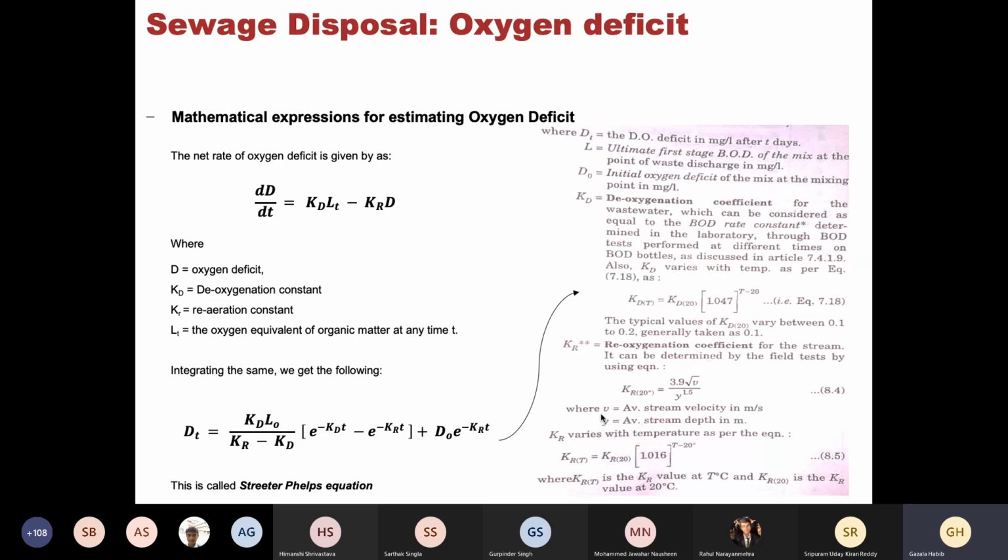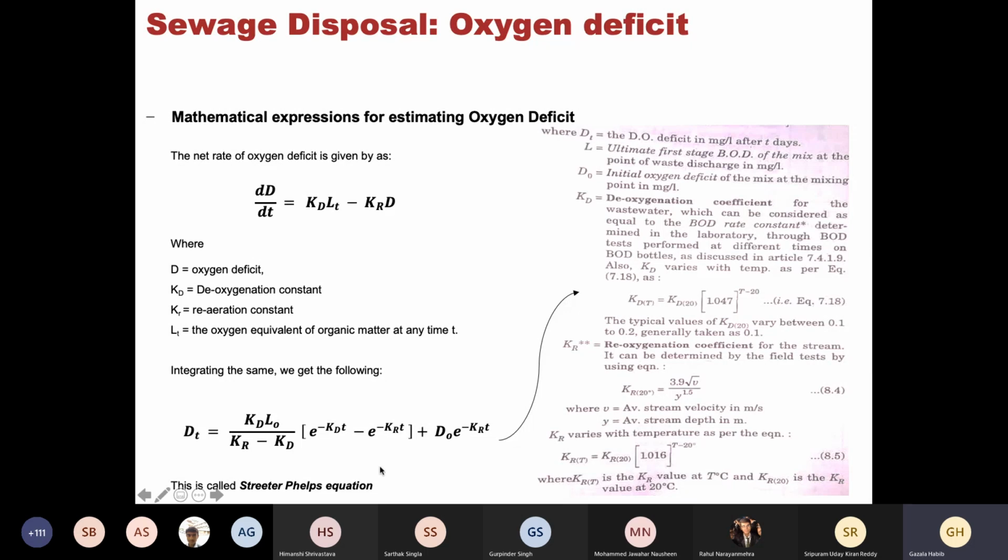There is no derivation given. The basic assumption, the fundamental of this equation, is that the deficit rate is linear, meaning it is proportional to the ultimate BOD and the oxygen deficit itself. So it is a linear first order equation.